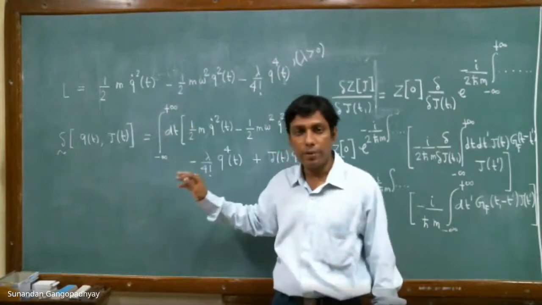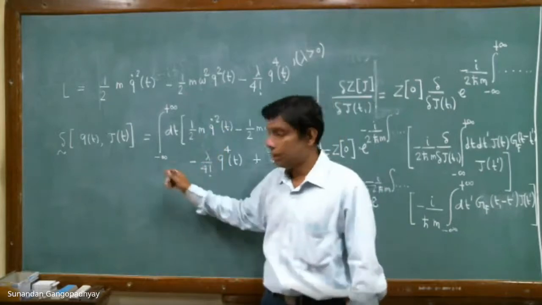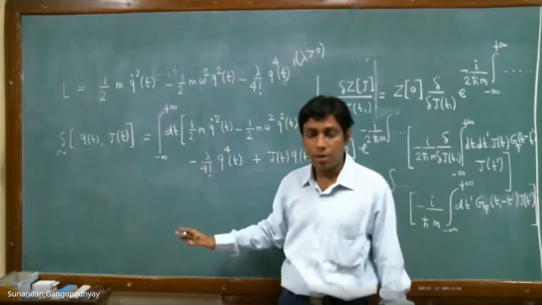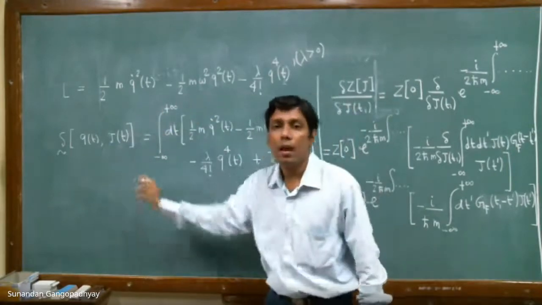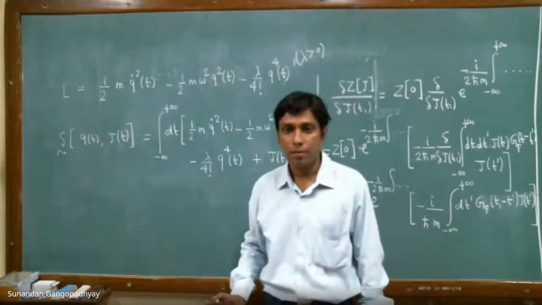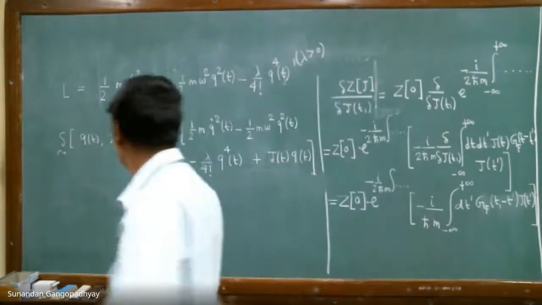Please keep in mind that this is not classical mechanics that we are doing. This is the quantum harmonic oscillator that we are doing. But everything here are numbers. They are not operators. We shall take this and put it into the generating functional.